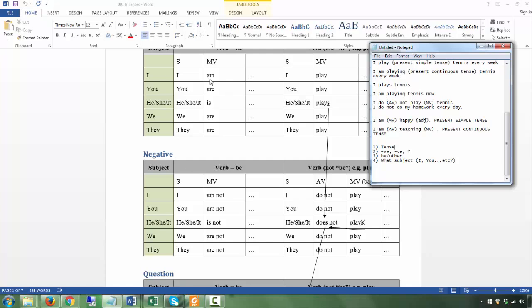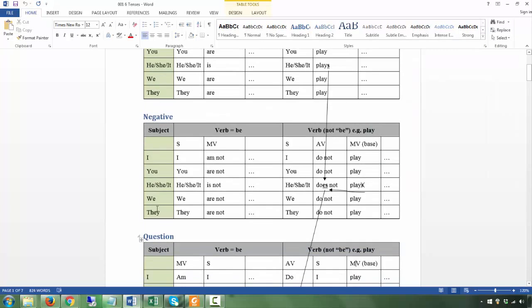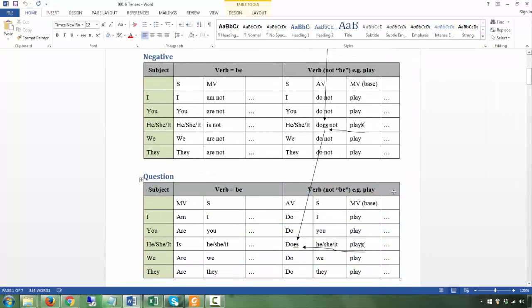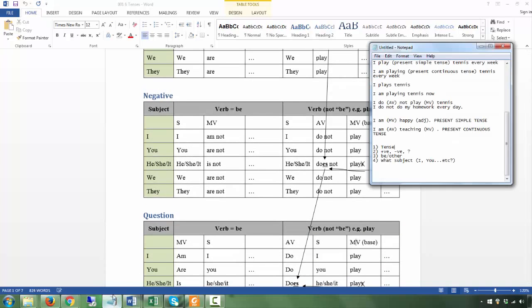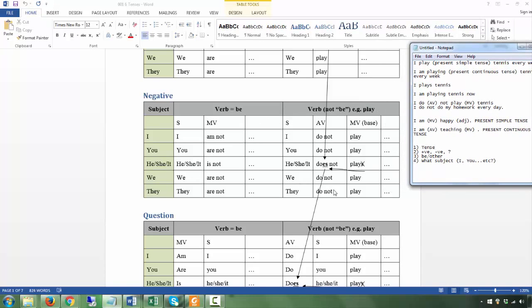So now you can cancel this. This whole part is not relevant. We're not doing questions, so it's just about negative. Then the next question is, is it a be verb, or is it other verbs? Maybe we're talking about other verbs, so forget about this section now. Our focus is on this, and then the next question is, what subject?